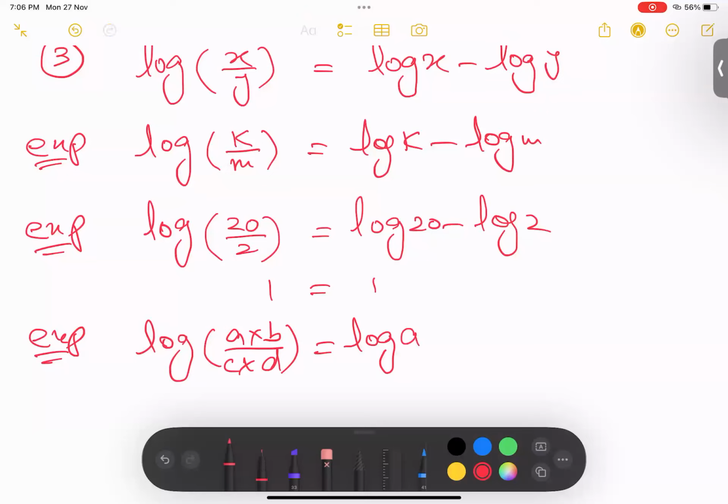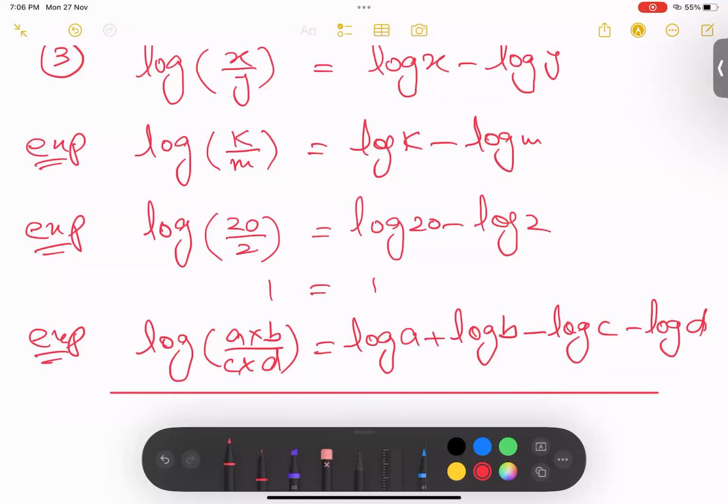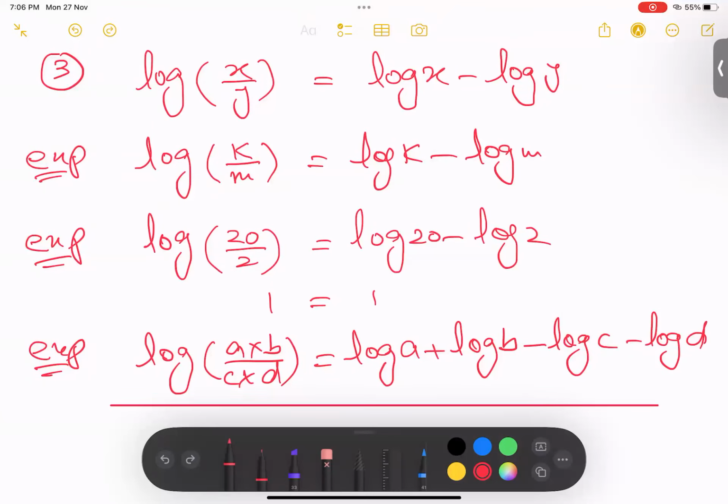For example, log of A plus log of B minus log of C minus log of D. So this is a very clear concept. I believe now you understood that the upper part, how many numbers? Plus sign, plus sign. How many values in the denominator? Negative sign, negative sign. So I believe this point is also very, very clear.